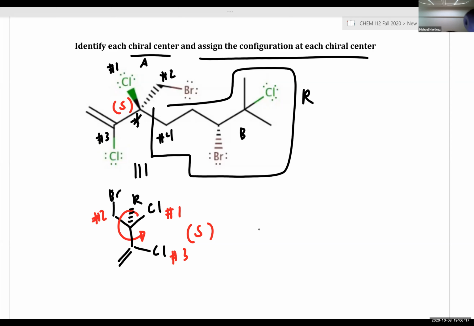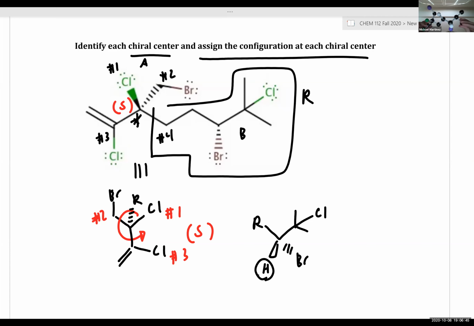So we can treat this like the following portion of our molecule. And we know how to rotate something like this to place the lowest priority group in the back. So all we have to do is take this molecule and rotate it so hydrogen is in the back.